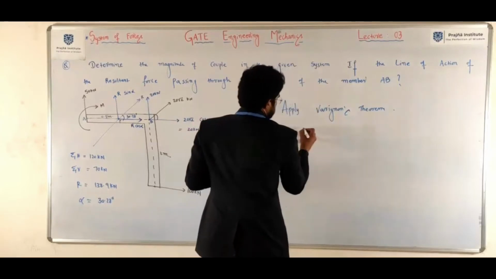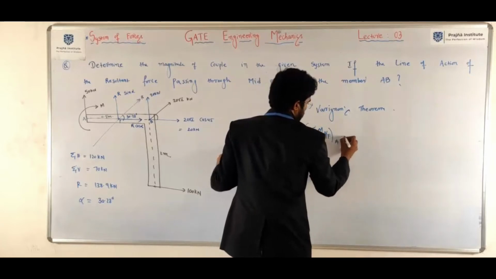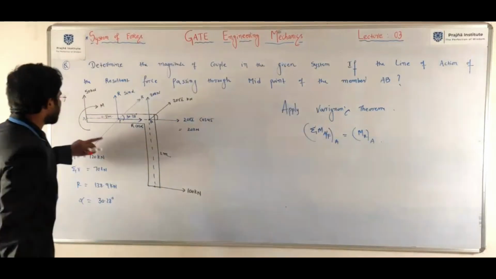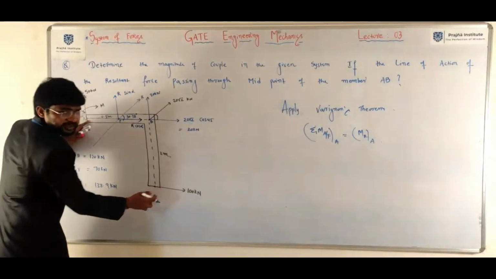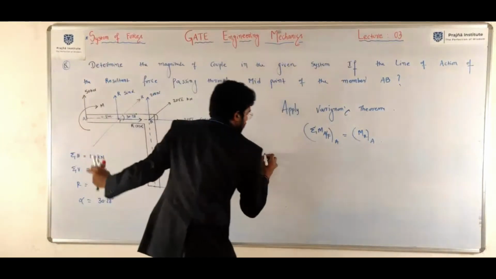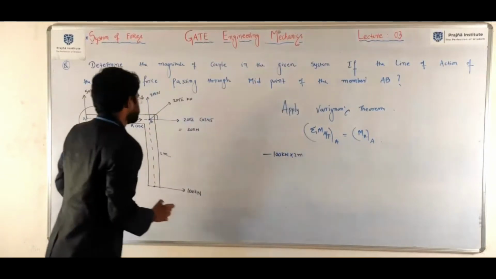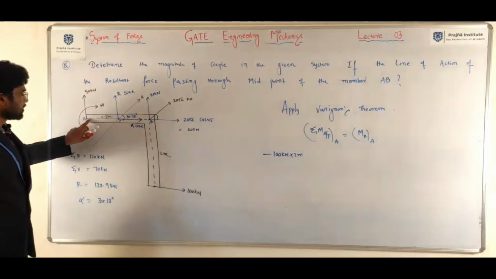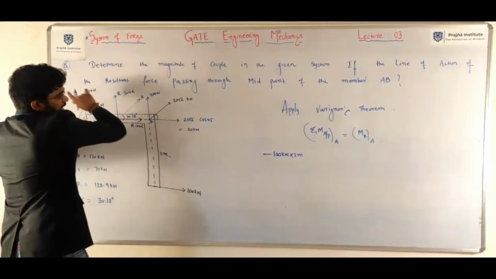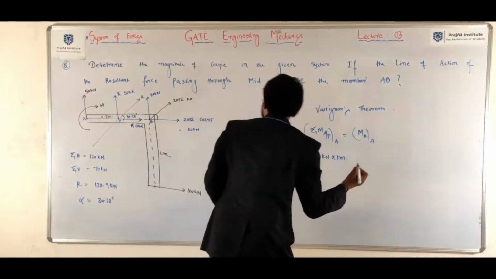Now sigma M of all the system of forces about point A equals the moment of the resultant force about point A. Start from here. Moment of 100 kilonewton about point A, anti-clockwise, minus 100 kilonewton into 2 meter. Next, moment of this 20 kilonewton about this point, 0. Moment of 20 kilonewton about this point, anti-clockwise, minus 20 kilonewton into 1 meter.